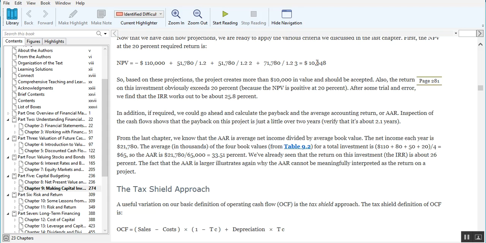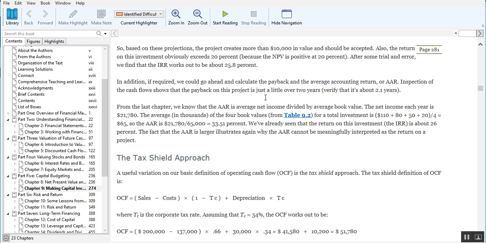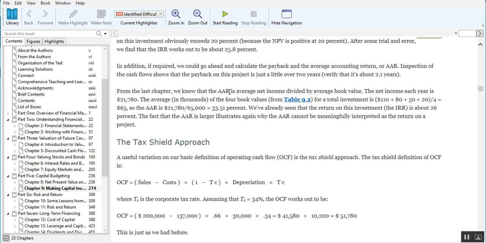And what this really means is, when this is positive, it means that our rate of return is actually over the 20%. In fact, they show here that after some trial and error, the internal rate of return works out to be about 25.8%. So we could also calculate a payback period of 2.1 years, although that's really questionable as to how valuable that calculation is.